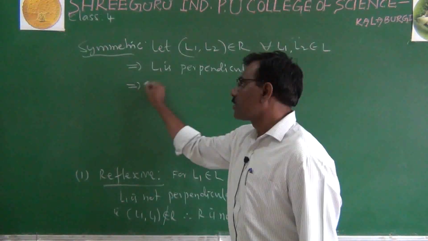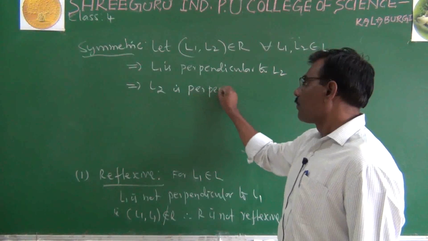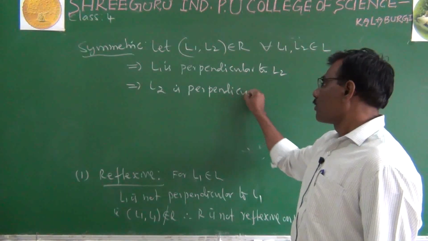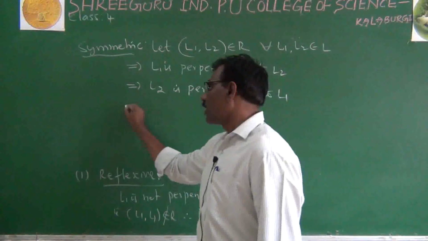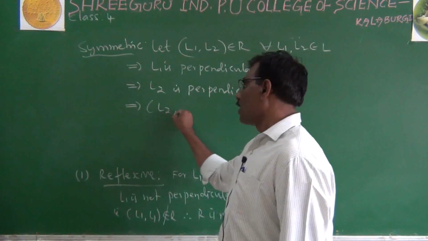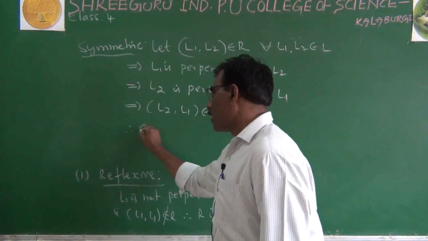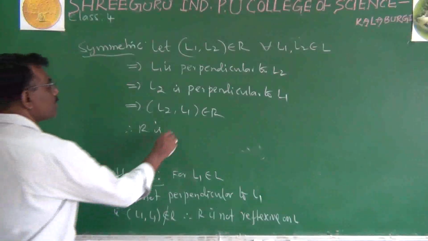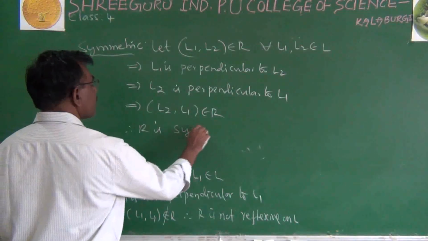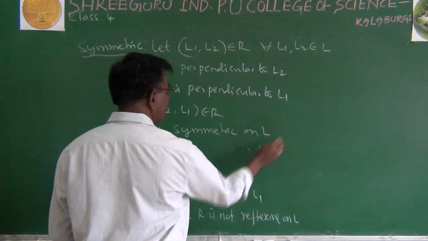It implies L2 is perpendicular to L1. It implies (L2, L1) belongs to R. Therefore, R is symmetric. R is symmetric on capital L.